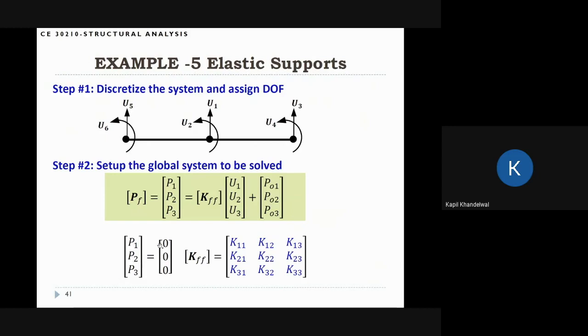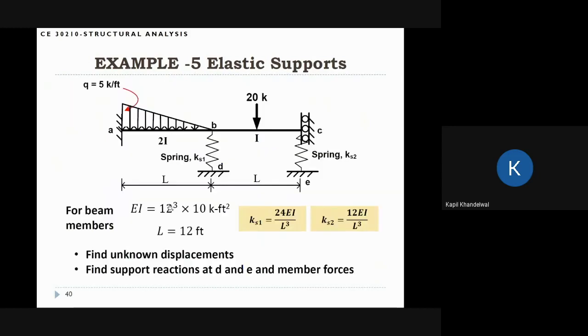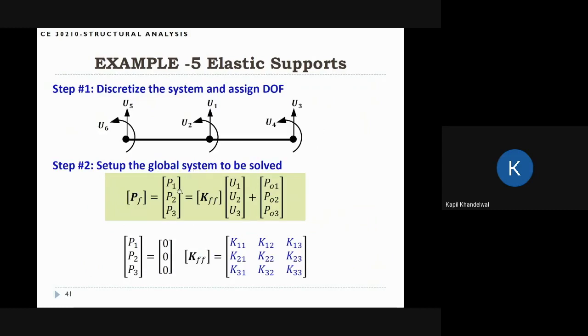If you think carefully, there are no forces applied at the degrees of freedom U1, U2, or U3. So P1, P2, P3 are all 0. There are no nodal forces or nodal moments applied, okay? So there are only fixed end forces that will contribute to your POF here.